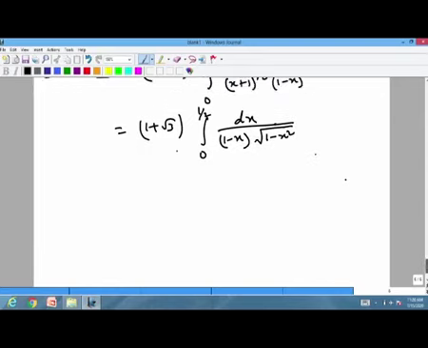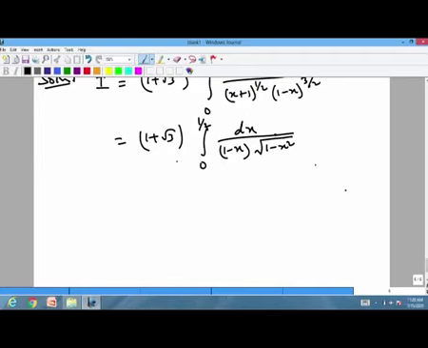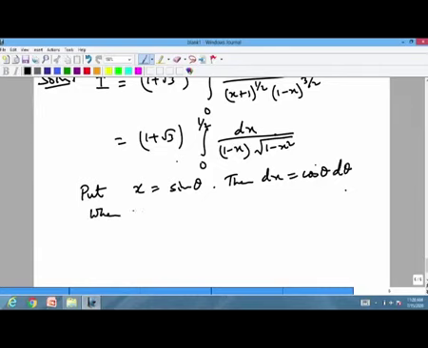Now, here we have a simple substitution, because we have this 1 minus x square term, we should try substitution x equal to sin theta. So, then dx will be equal to cos theta d theta, and when x is 0, theta is equal to 0, and when x is equal to half, sin theta is half, so theta is pi by 6.